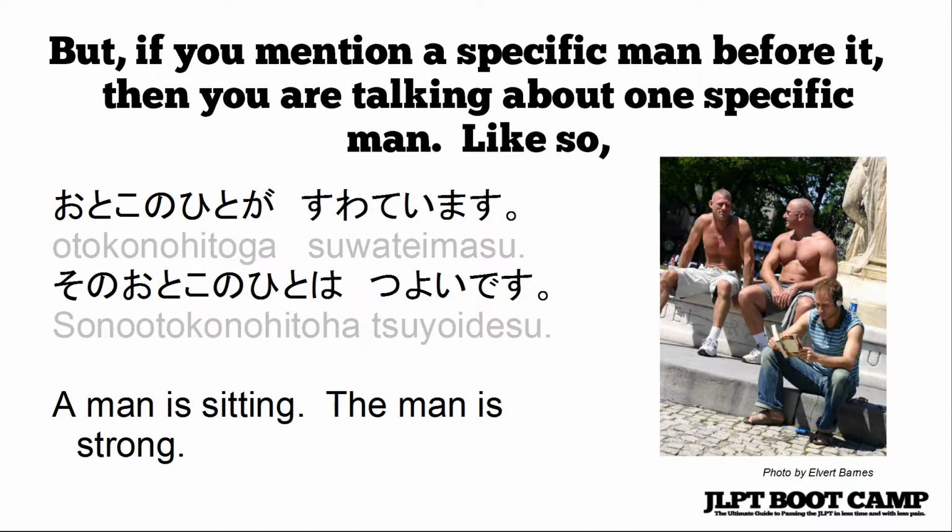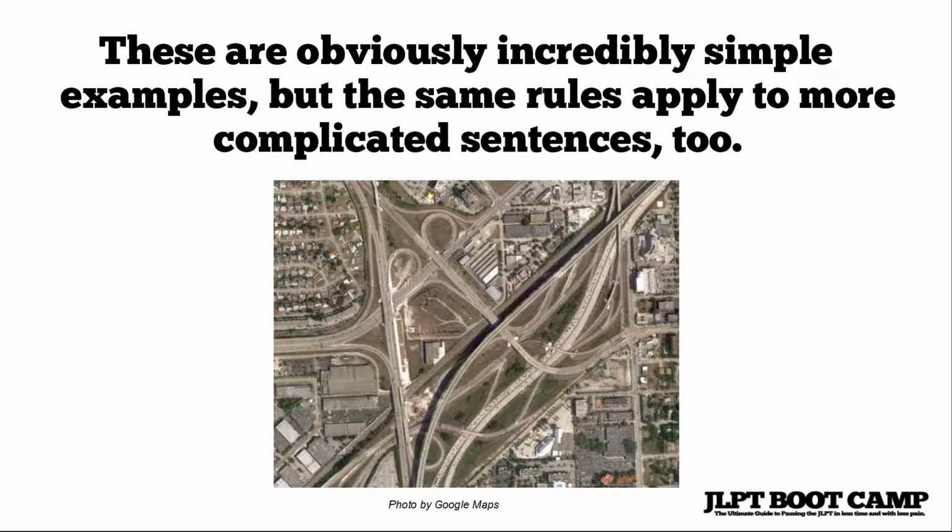Now, these are obviously incredibly simple examples. They're only a few words long, but the same rules apply to more complicated sentences as well. And so that's why, again, it's really crucial to get this difference down when you're first learning Japanese, so that you don't have to go back and relearn this stuff.